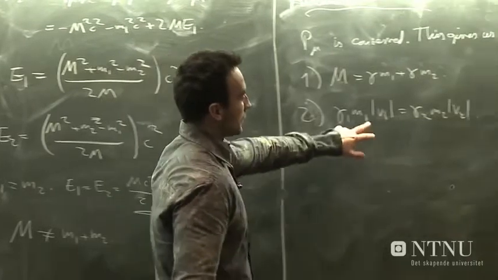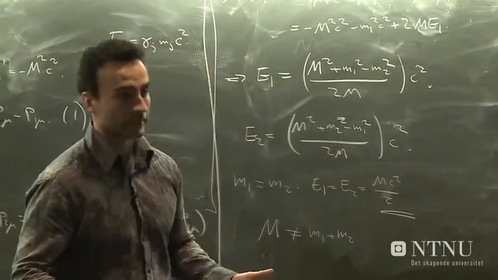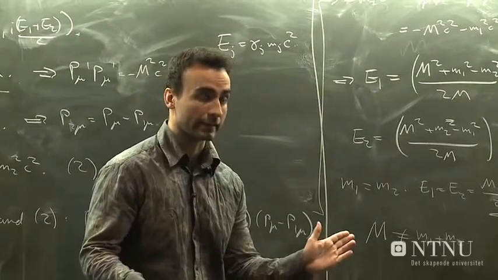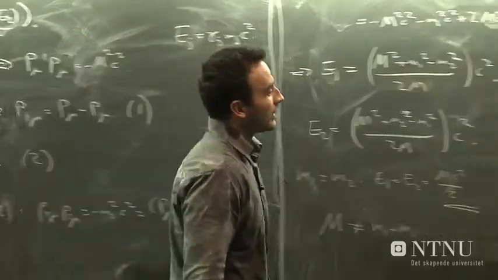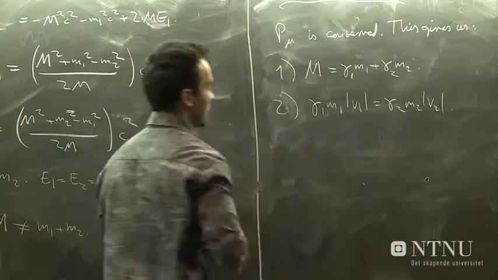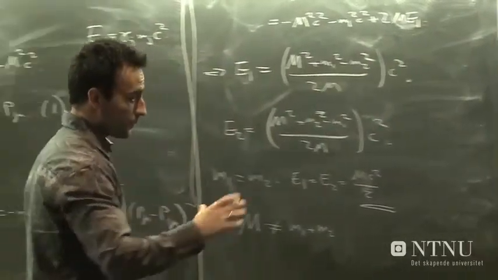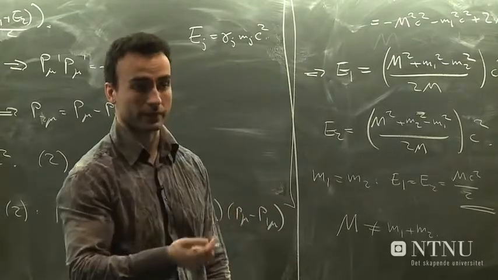So I've used absolute value signs here to indicate that v1 and v2 should in general have opposite signs, because they have to propagate in opposite directions to have a total momentum of 0. Oh, sorry, it should be 1 and 2 here. So from these equations, we now have an equation system for the velocities v1 and v2.